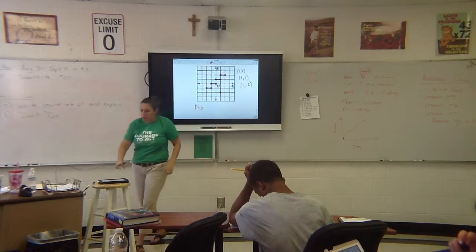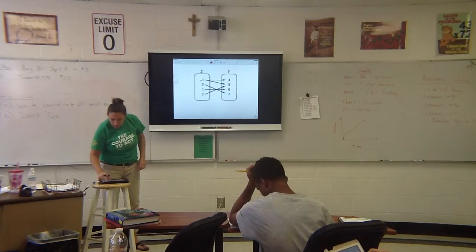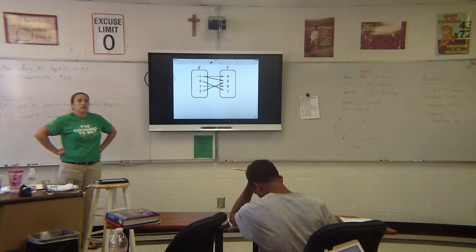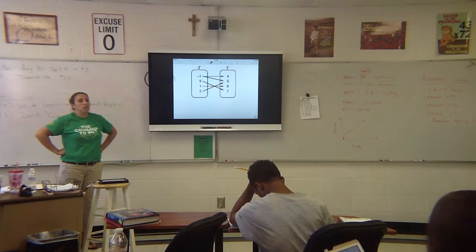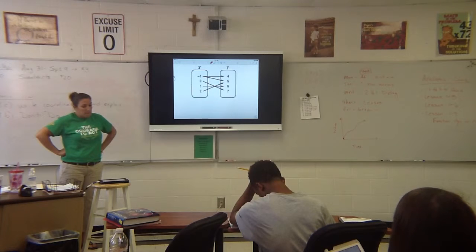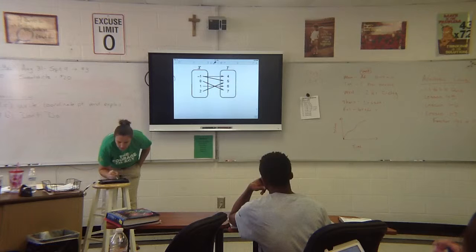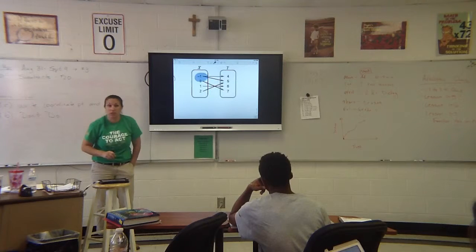So if I look here at letter C, what do you guys think about this? Monica's saying no. Why would you say no? You're right, because the -1 goes to 2 numbers. So she's saying right here at this point, this is an issue. And she's right.